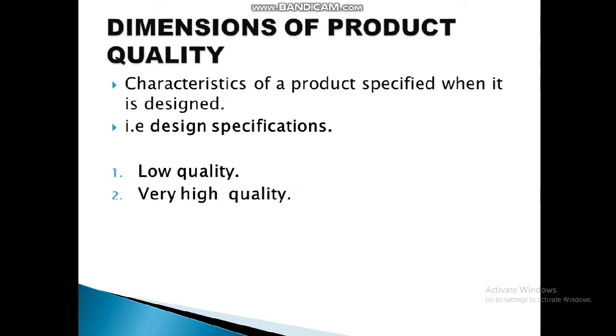Output quality can be seen to fall on a continuum ranging from very low to very high. When the quality is very low, the output deviates importantly from design specification. When the output conforms closely to design specification, that is very high quality.